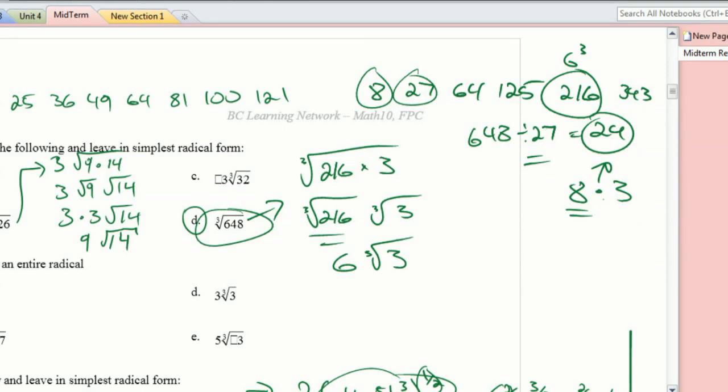So there's 2 perfect cubes that went in there. If I picked 27, I would have had to do the question in 2 steps. So instead of 27, I said, okay, there's a bigger one, and then 216 went in there. So that's why I picked 216 and 3.